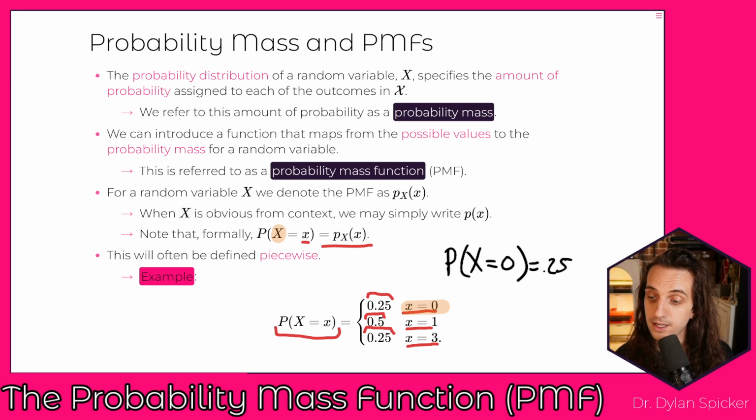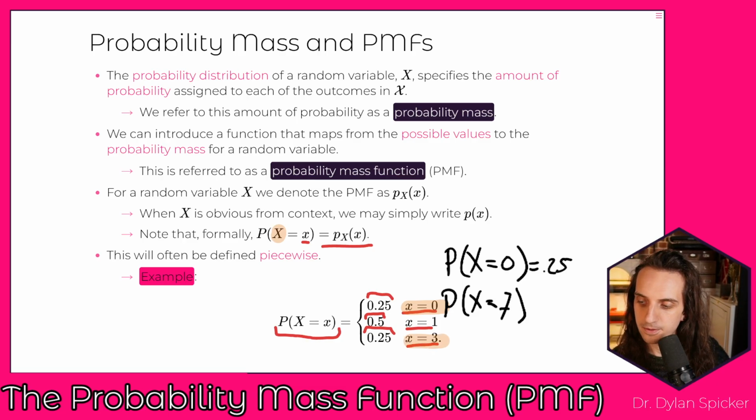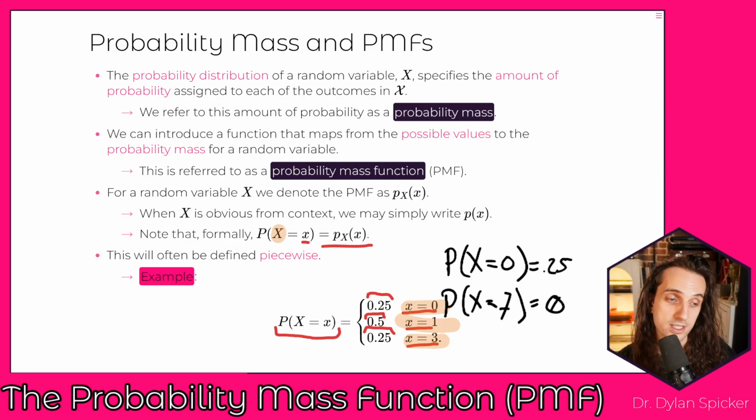Now, importantly, what if we wanted the probability that X was equal to 7, say? So what's the probability that X is equal to 7? Well, we go in and look up X equals 7 and we see that it's not there. And so by default, all values that are not listed in our probability mass function are going to get a value of 0.